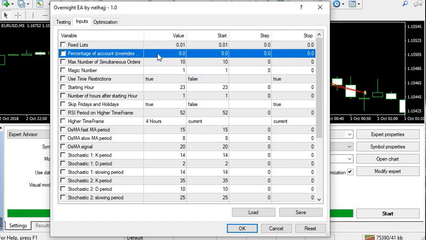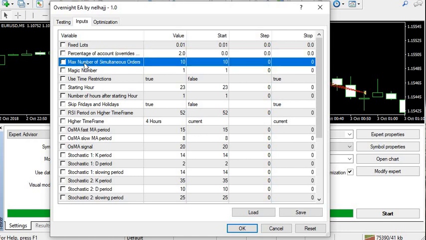If this setting is greater than 0, like suppose we set it to 2, then whenever we take a trade, the lot size is calculated as 2% of our entire account. Now, the max number of simultaneous orders is also self-explanatory. It sets a limit of how many trades will be open at the same time.